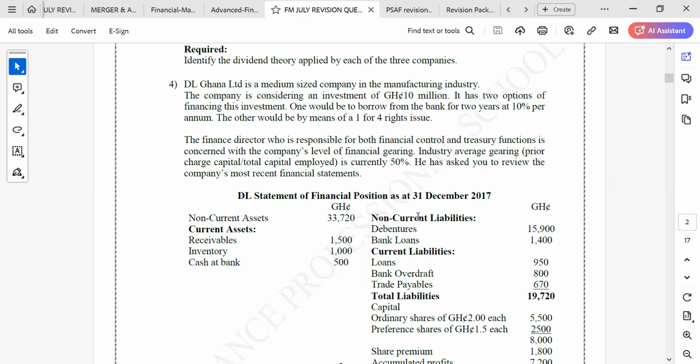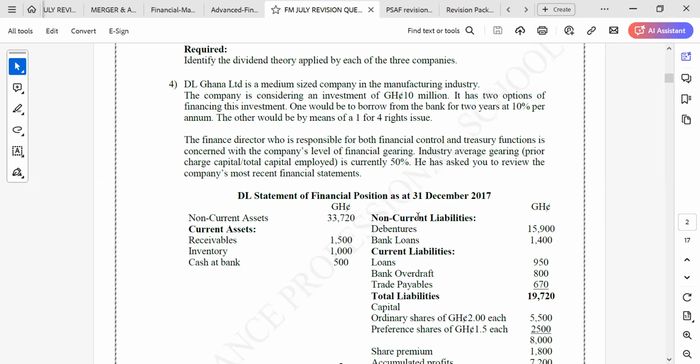But right now we don't have access to all that information, so we are working with only the 10 million. Don't include the interest. We are just saying that this is going to increase by the 10 million.